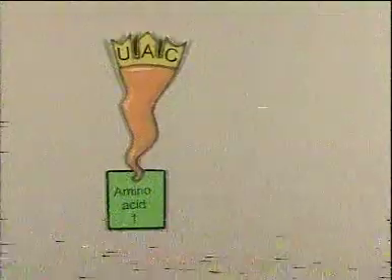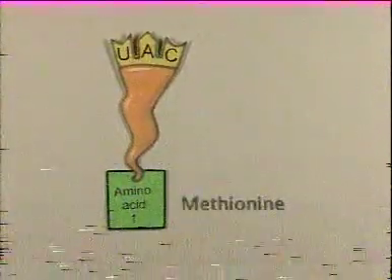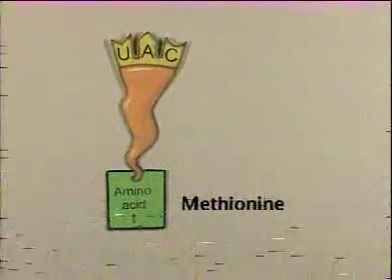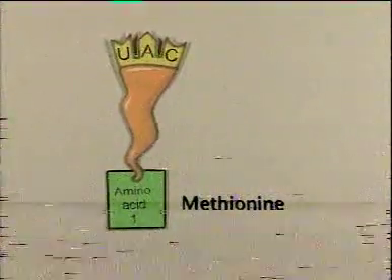And the process of protein synthesis is completed in 3 steps: the chain initiation, chain elongation, and chain termination. Now, firstly, a special transfer RNA, tRNA, is loaded with the methionine amino acid, the initiation codon.